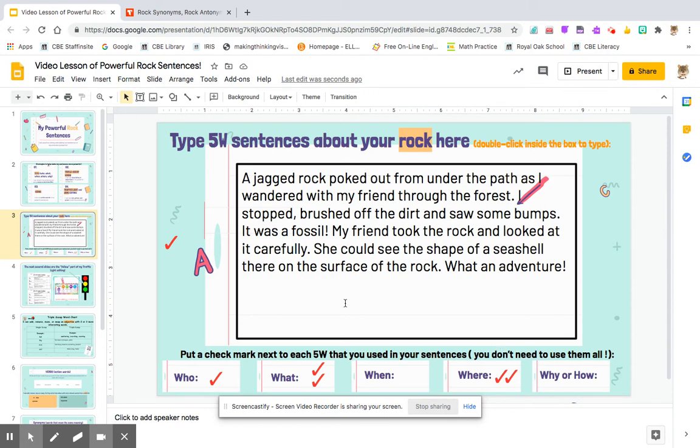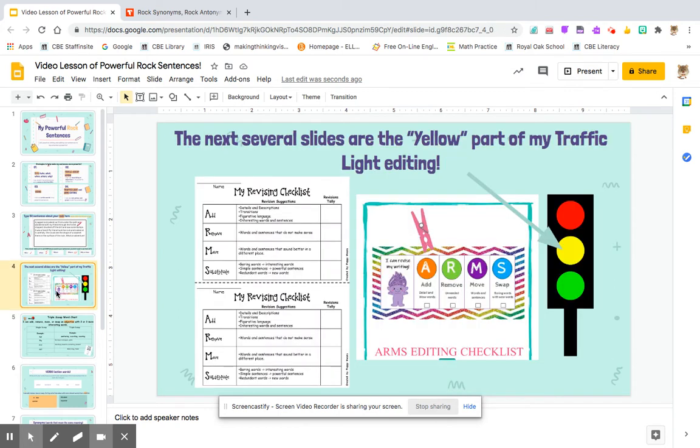So once you've written your sentences, keeping in mind the 5 W's, the who, what, when, where, and how, you are now going to go on to some of that traffic light editing. So the next slides are all going to be yellow.